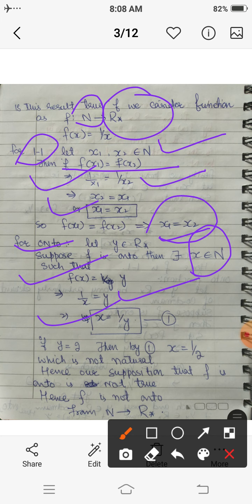Now here y is non-zero real, so this means that 1 by y is defined, and x belongs to this N, so this means that x should be a natural number.